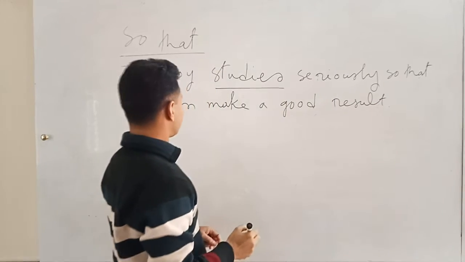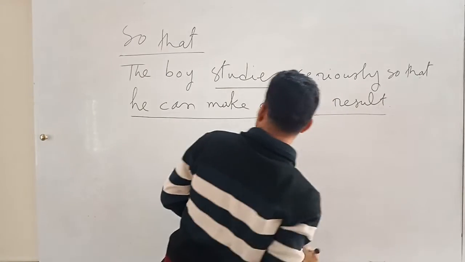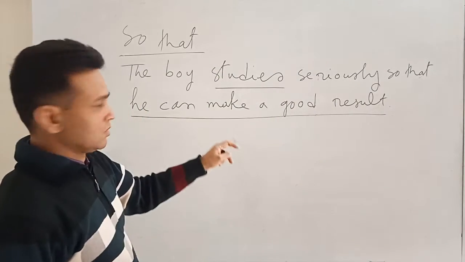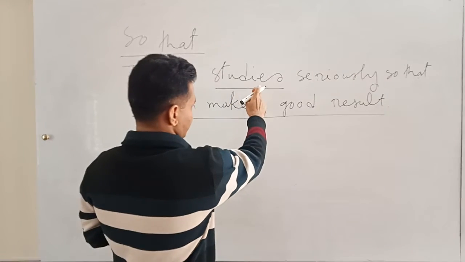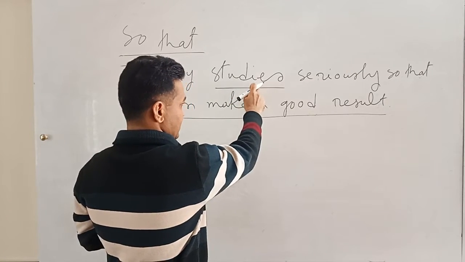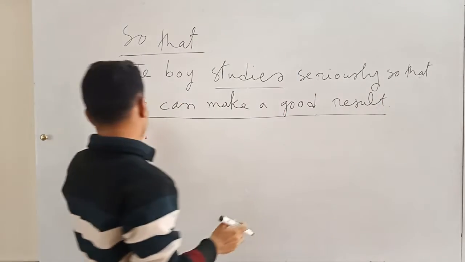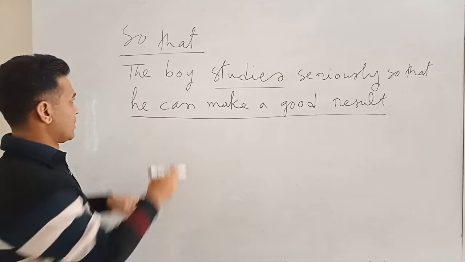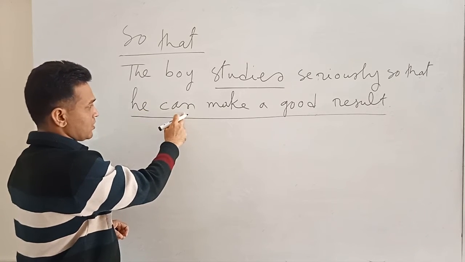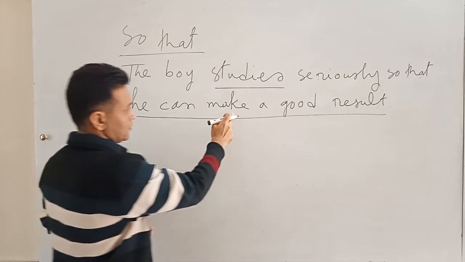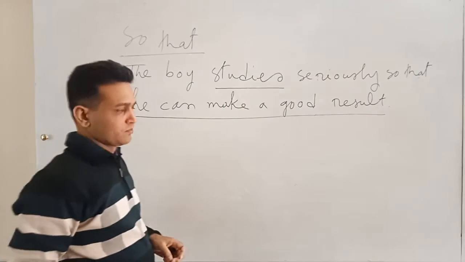Okay, here notice. So this clause will be written by you. The boy studies, here the principal verb is in present indefinite tense. So after so that, you have written the pronoun of the subject, the boy, he, and you have to write, of course, can, then main verb, and then object.